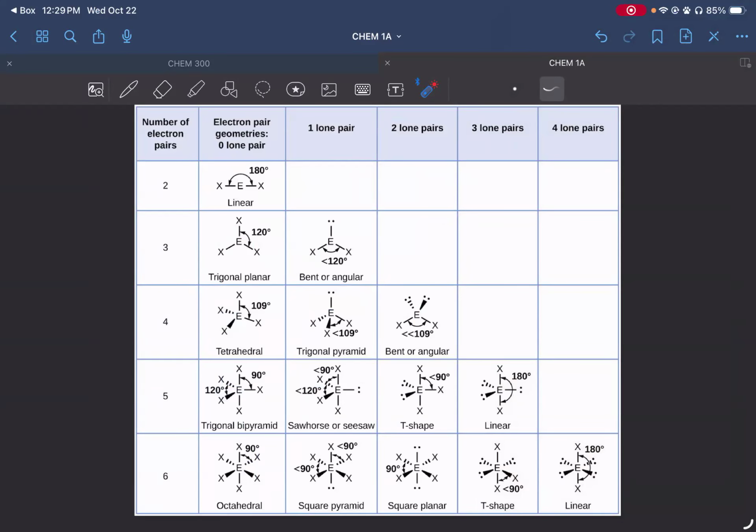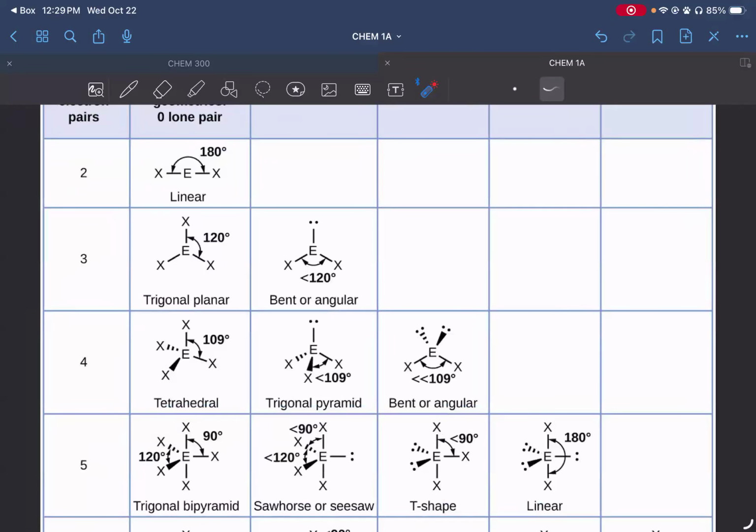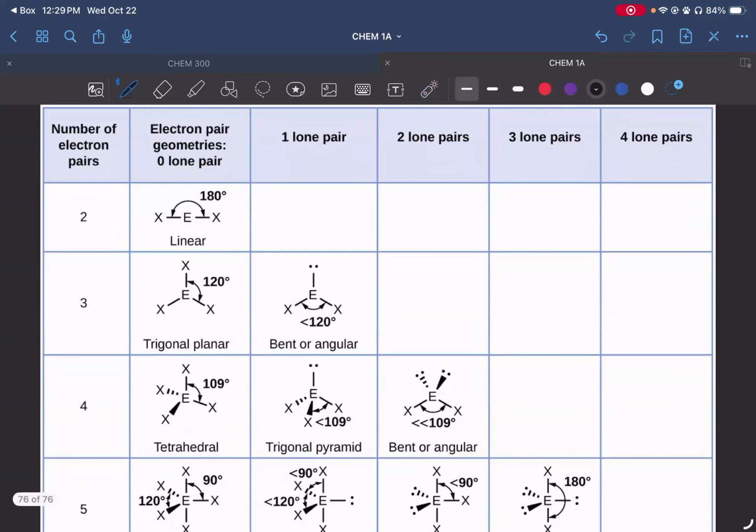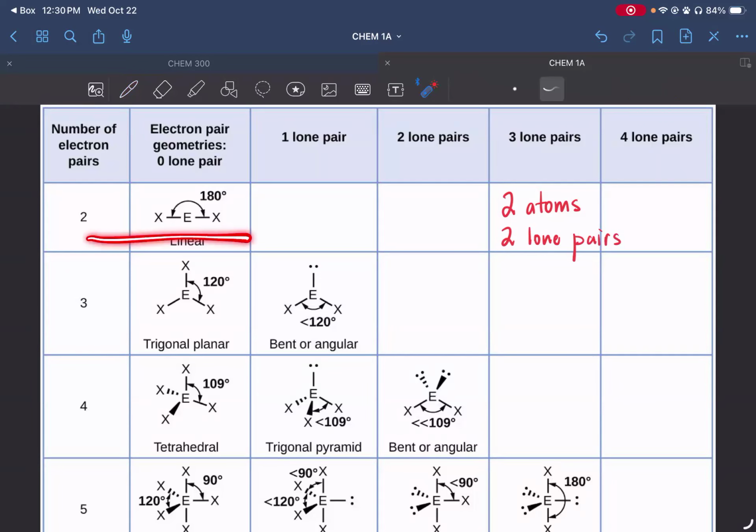The VSEPR chart shows generic structures of varied types and various numbers that overall allow us to predict the shape of a molecule. We are looking for a generic template that has 2 atoms attached to the central atom, as well as 2 lone pairs. As we scan through the list, we should notice this one right here.